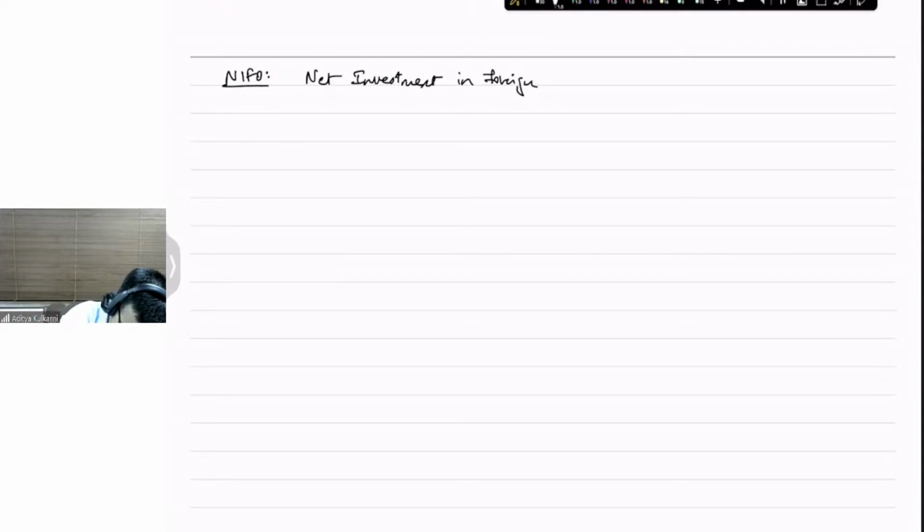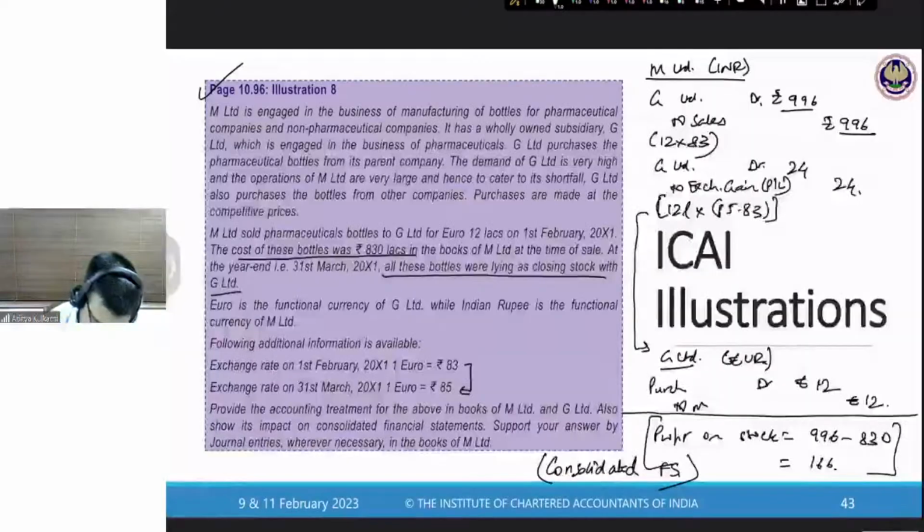Now there is a new concept known as NIFO. No, consolidated books are in INR. Read the question. M Limited is engaged in manufacturing bottles.